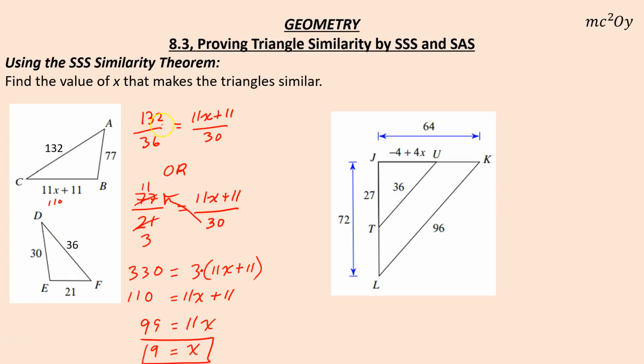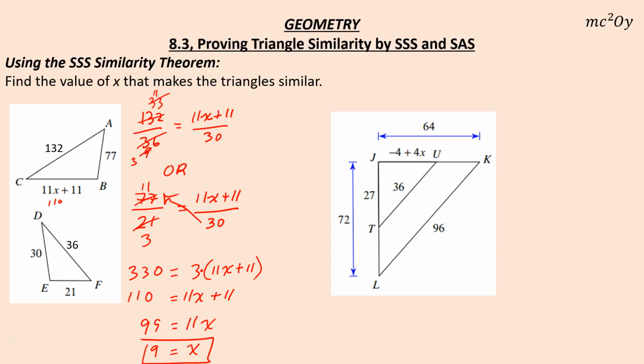And then 132 over 36 there, yep, you get the same thing there. All right. Very good. You take out a 4 there, you get 33 over 9. And then you take out a 3. 11 and 30. Okay, so they all reduce to 11/3, so x is 9. We did it correctly there. And we double check it.